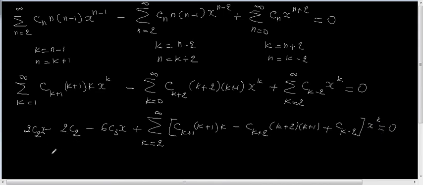Now, before equating to 0, we need to combine the similar terms. The only constant term here is minus 2c2, so we have to keep it aside.